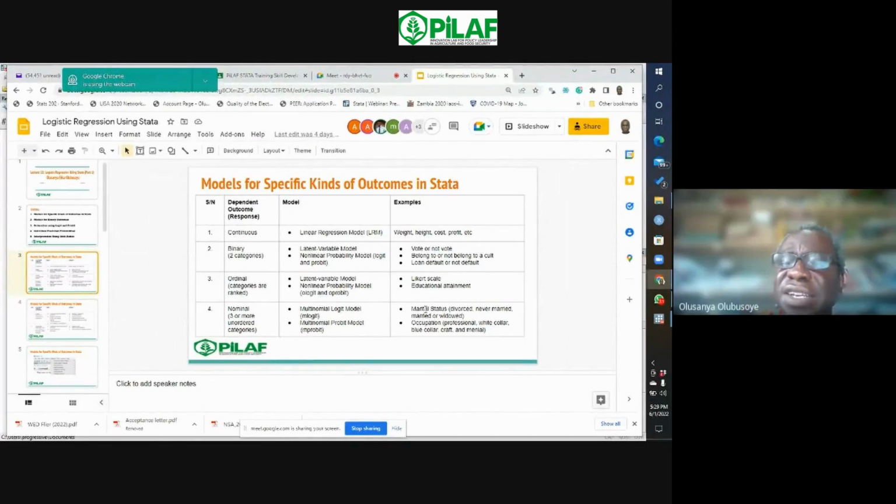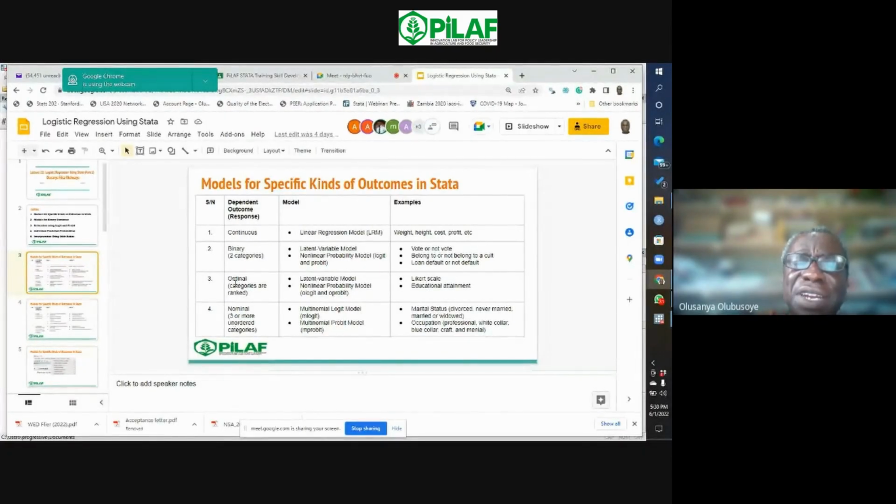But these are taking us away from our focus. The discussion we are having today is about when the dependent variable, not the independent variable, is binary. So if it is binary, then what model do you use? This is the model you should use.